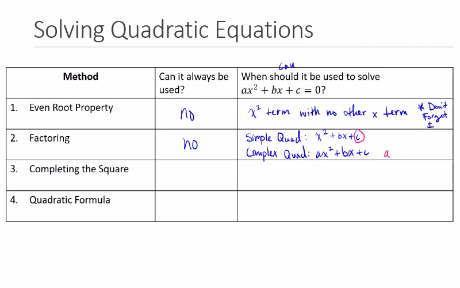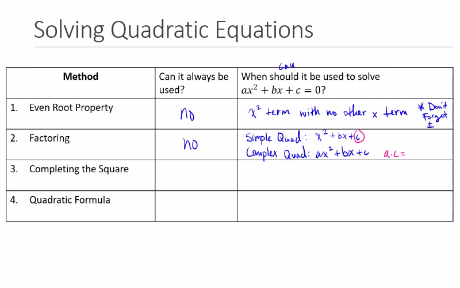So this is when we have to multiply A times C, and then you get a number there, and you try to find numbers you can multiply to get that and add or subtract to get B, right? And so if you're comfortable with complex quadratics, and that's easier for you than the quadratic formula, you can do it that way too. Okay, all right, but remember that they have to work, right?